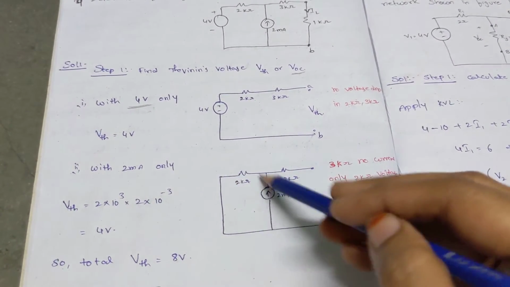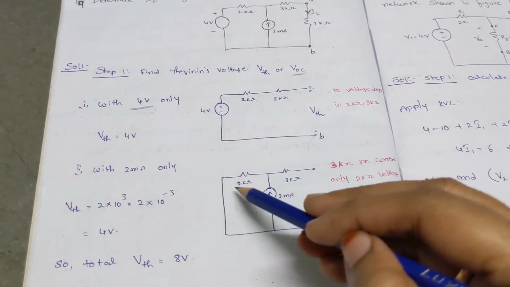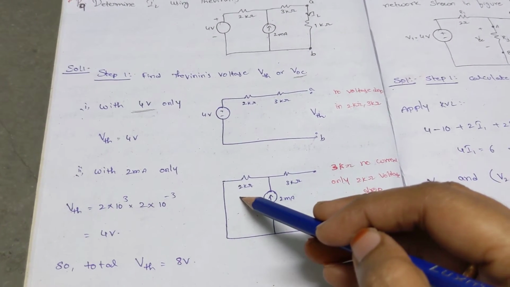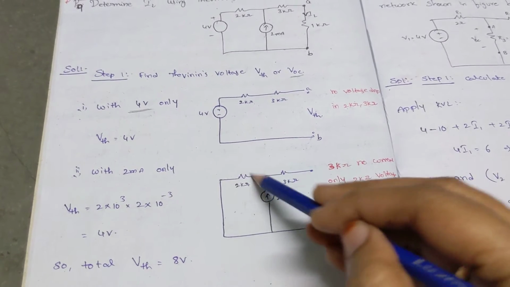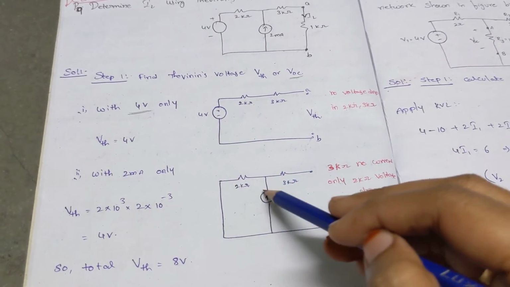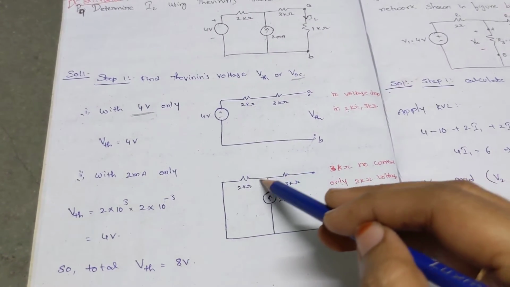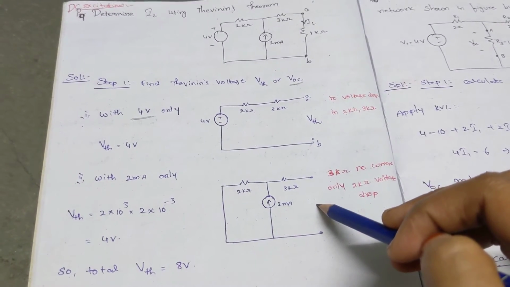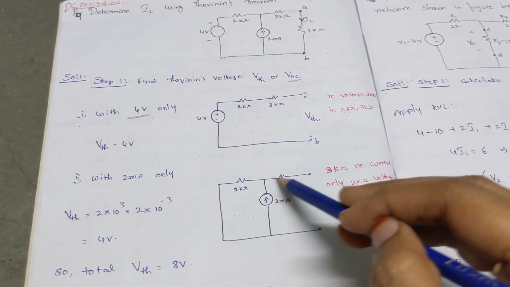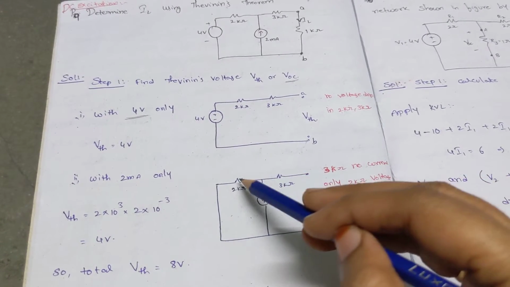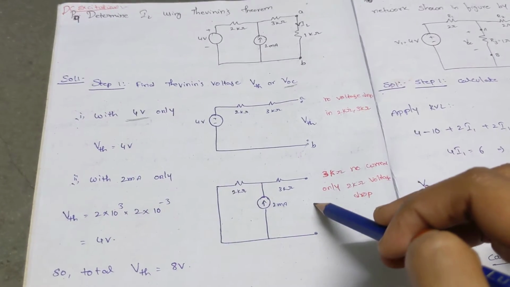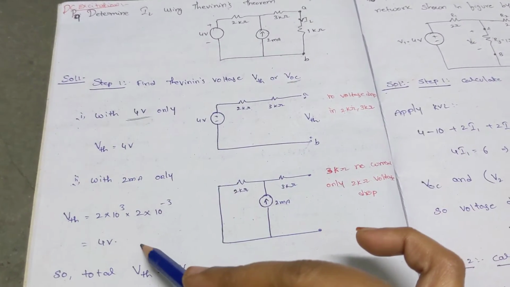So what will be the voltage drop across this resistor? 2 milliamperes into 2 kilo ohms, so it will be 4 volts. So in this branch there will be a 4 volt drop. When I consider this branch and this one as parallel elements, this is a redundant element, don't forget that, then whatever the voltage drop across this resistor will appear across your terminals. So this will be the 4 volts.